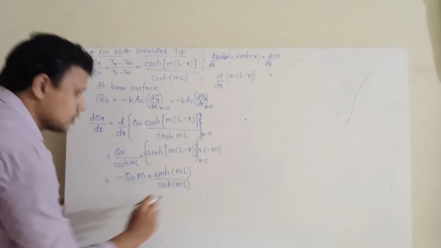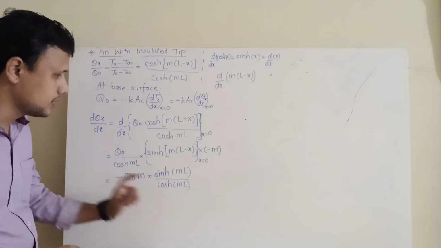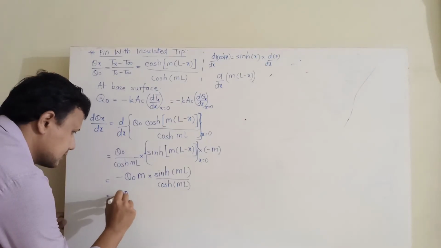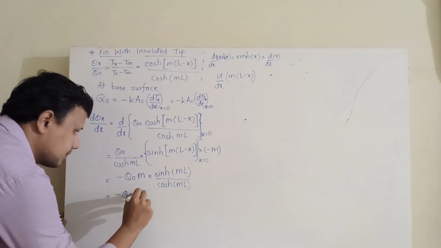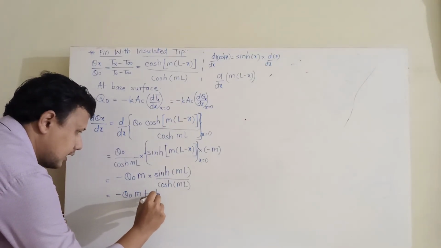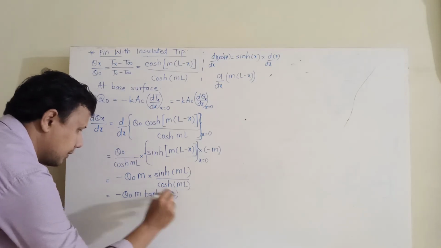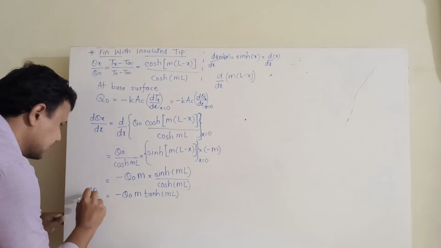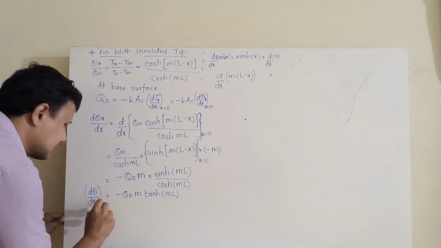You will observe that this is actually tanh of mL. So ultimately what we get is minus θ0 m tanh of mL. This is nothing but dθ/dx at x equal to 0.